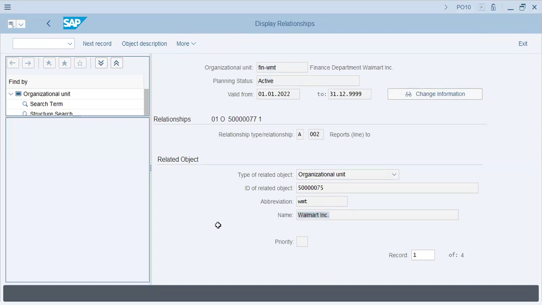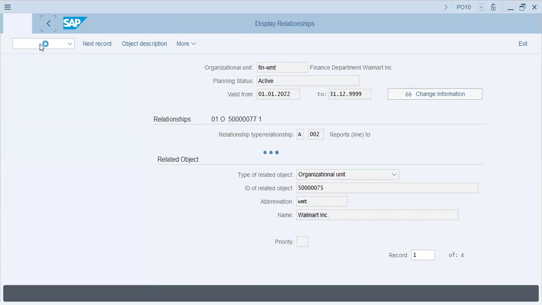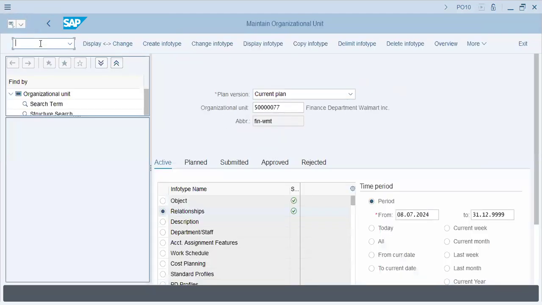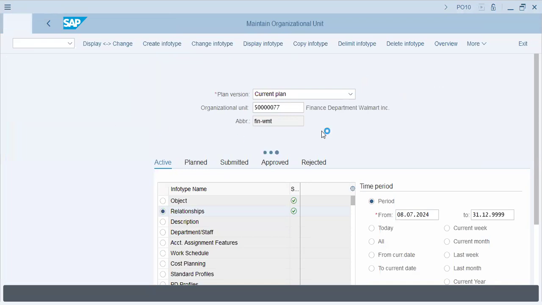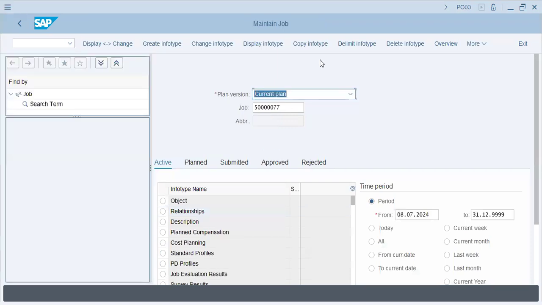Okay. And let's find out some of the, this was PO10. I will go to PO03. Now, PO03 is maintain a job.